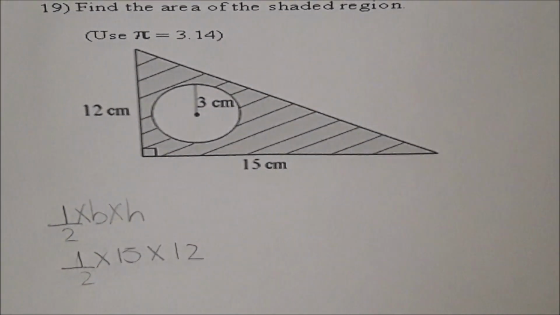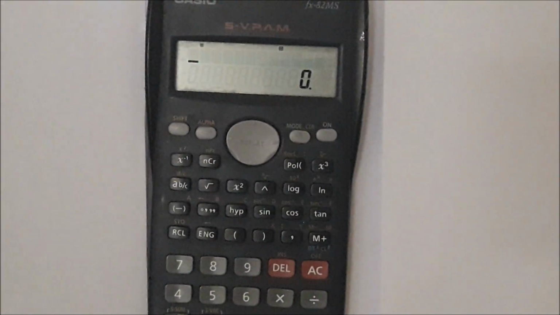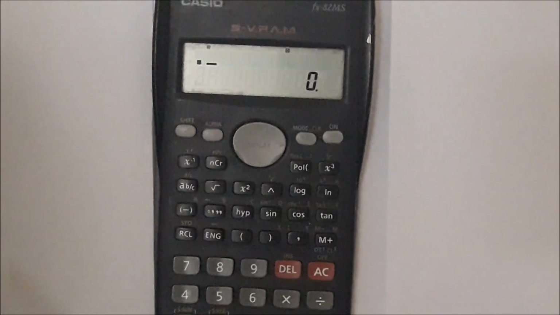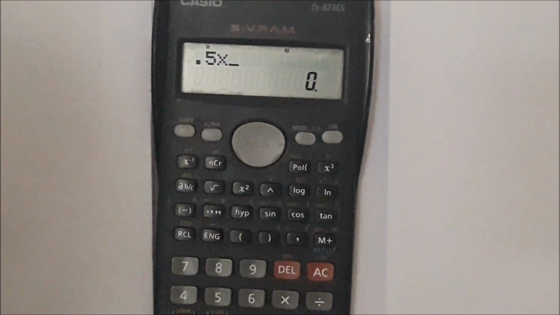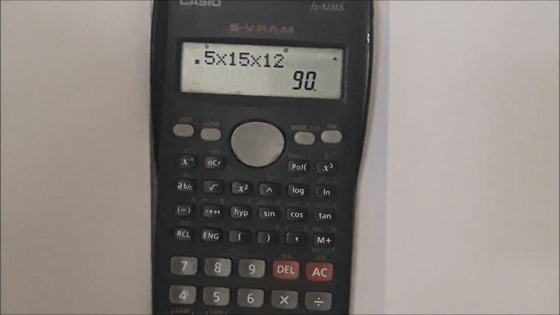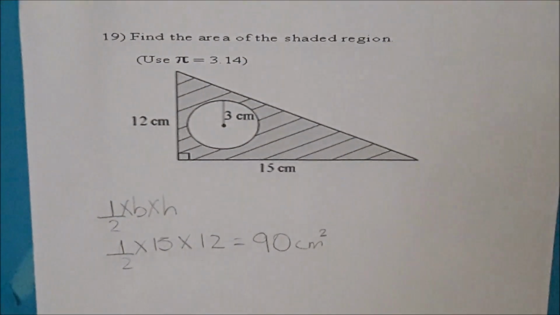Right. We'll move to the calculator and say half, or 0.5, times 15 times 12 will give us a total of 90 centimeters squared. Very good. Okay, next.